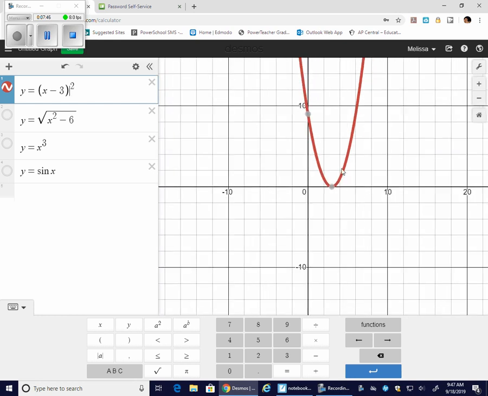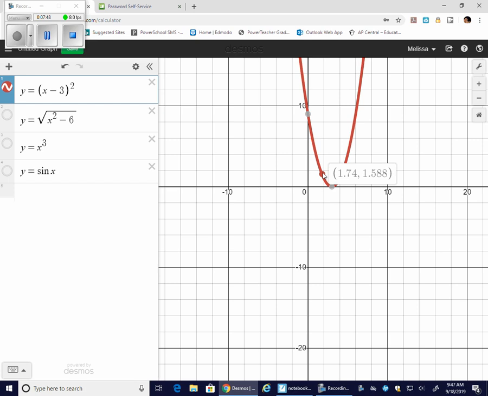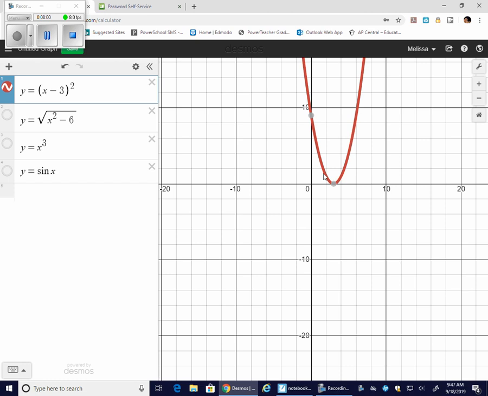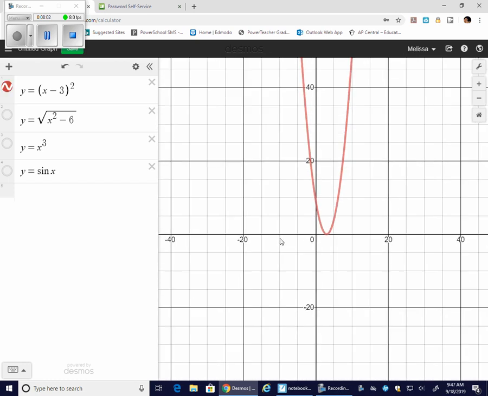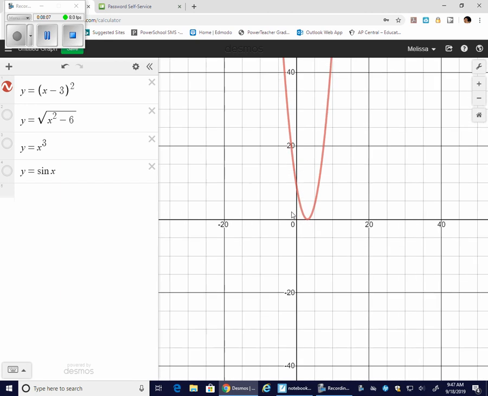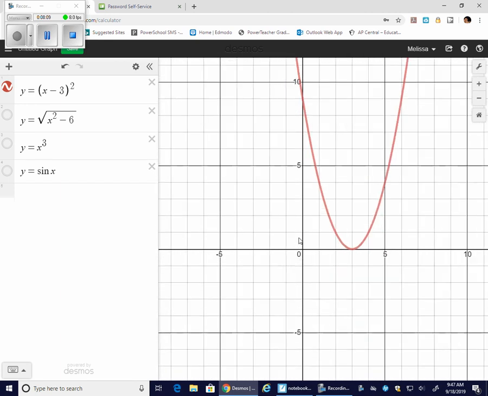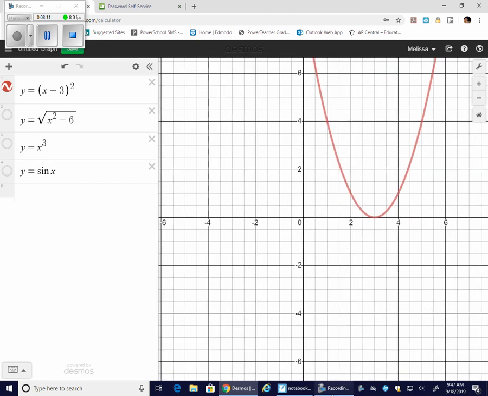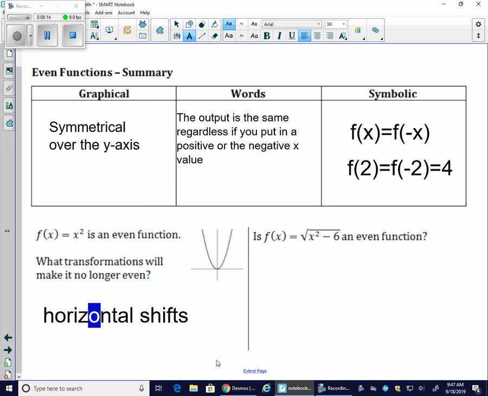If I input 2, I'm over here, and if I input negative 2, I'm really going to have to scroll out to even see negative 2 on my function. So this is no longer symmetrical with that vertical axis. So the horizontal shift will no longer allow for the function to be even.